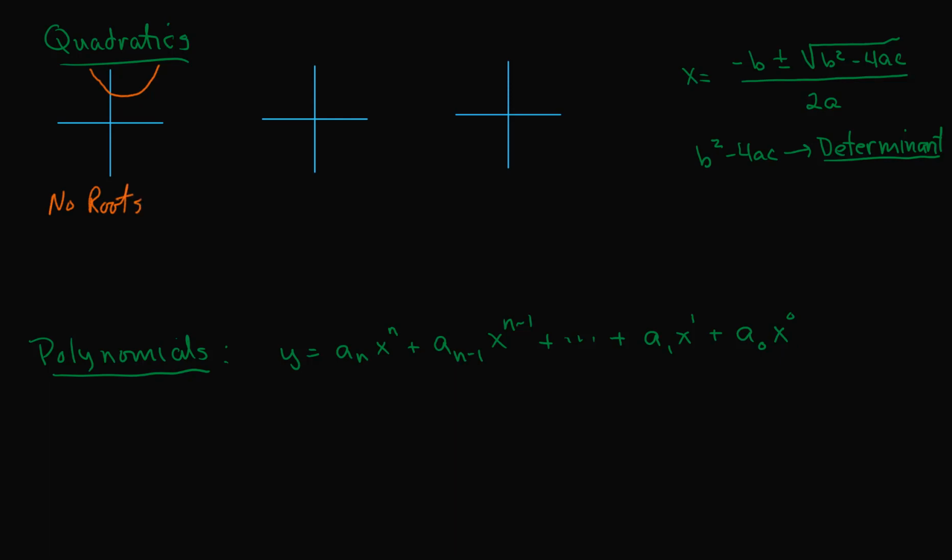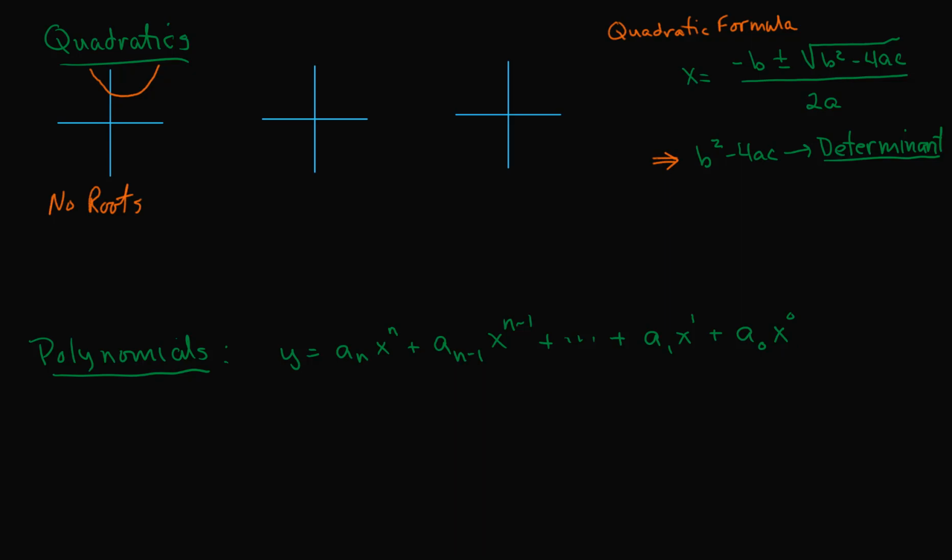Now, to the far right here, recall that you have the quadratic formula. You should be somewhat familiar with this. The quadratic formula is basically negative b plus or minus the square root of b squared minus 4ac all over 2a. The part of the formula that is inside of the square root is referred to as the discriminant.